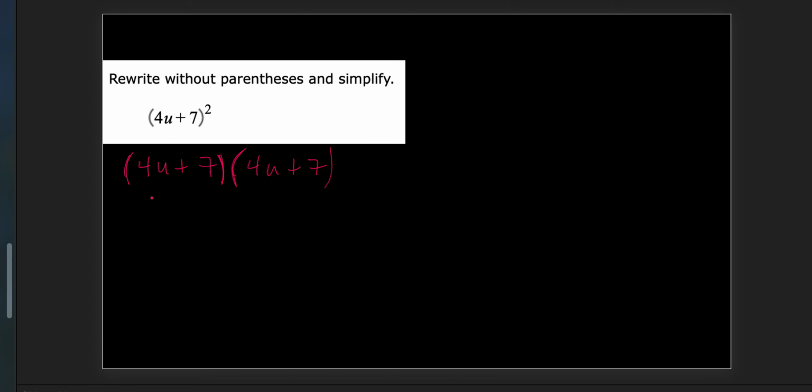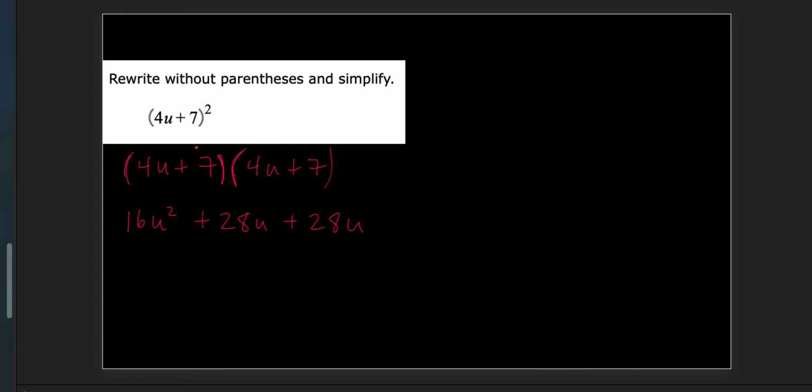Okay, so first positions is 4u times 4u, which is 16u squared. O for outer is 4u times 7, and that's 28u. And the inner is 7 times 4u, and that's 28u again.